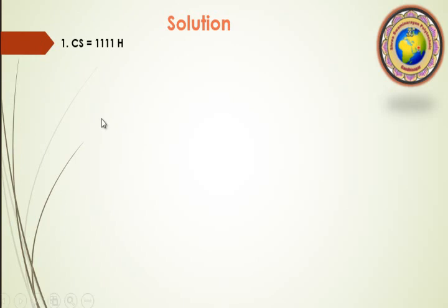First is the code segment. For CS 1111H, we first have to find the offset value.